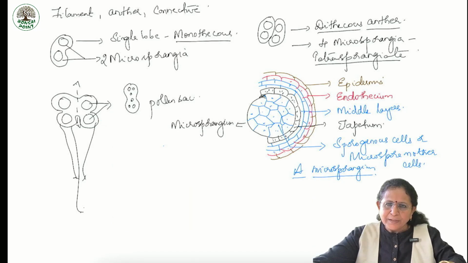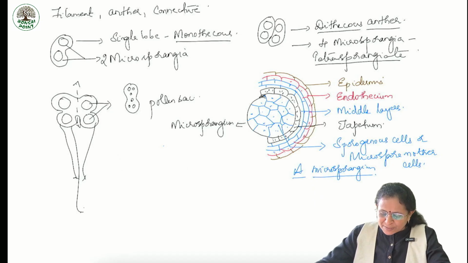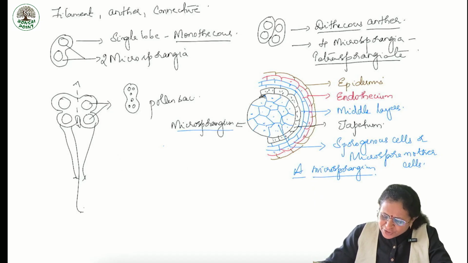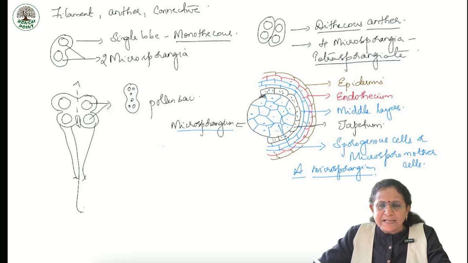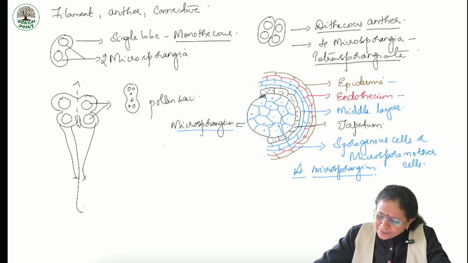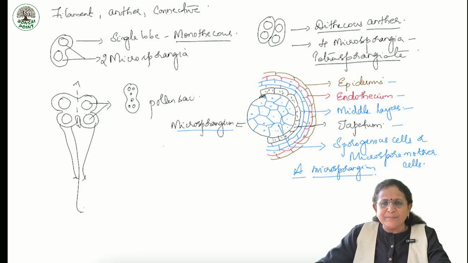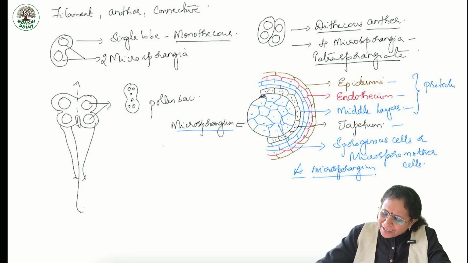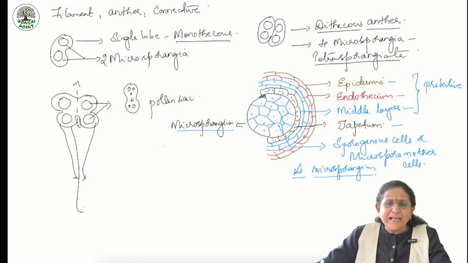Is it clear? Okay, students, let me explain once more. This is the microsporangium. It is covered by 4 wall layers. The first is the epidermis, second is the endothecium, third the middle layers, and the fourth is the tapetum. The first 3 layers help in protection and dehiscence of the anther during the release of the pollen grain.